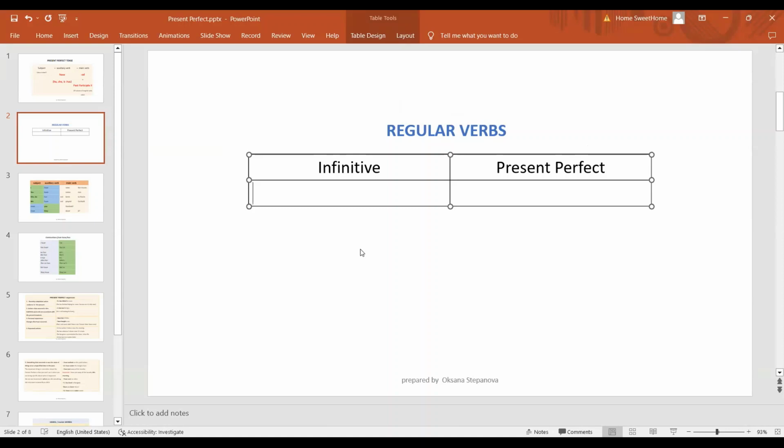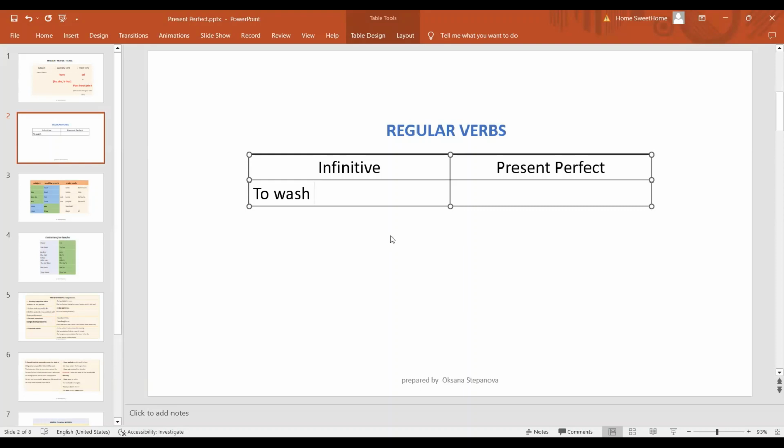So if we look at the infinitive, infinitive starts with preposition to. To wash. Infinitive means the base form of the verb, which has no changes. So the verb without any changes is infinitive.